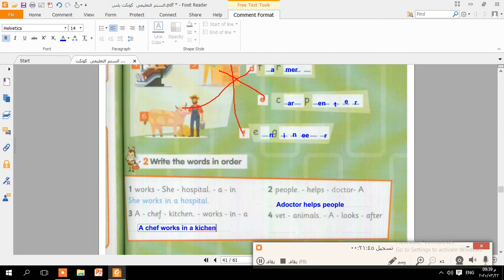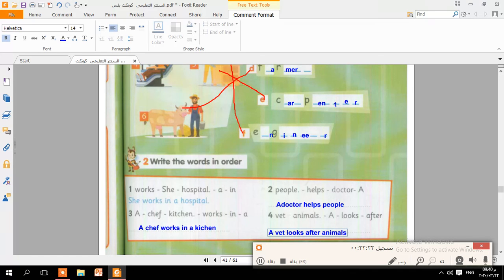Okay. Number 4, vet animal a looks after a. Good. A vet looks after animals.